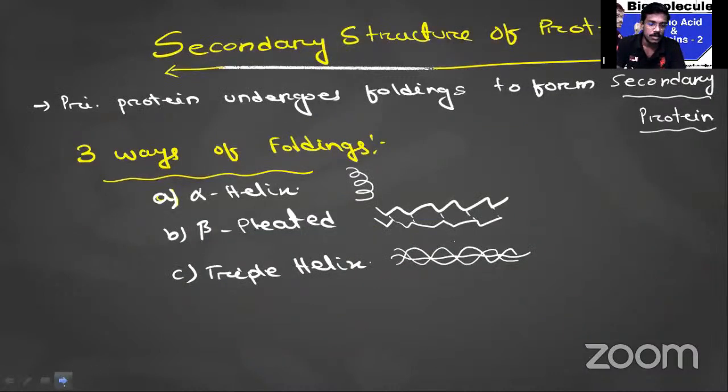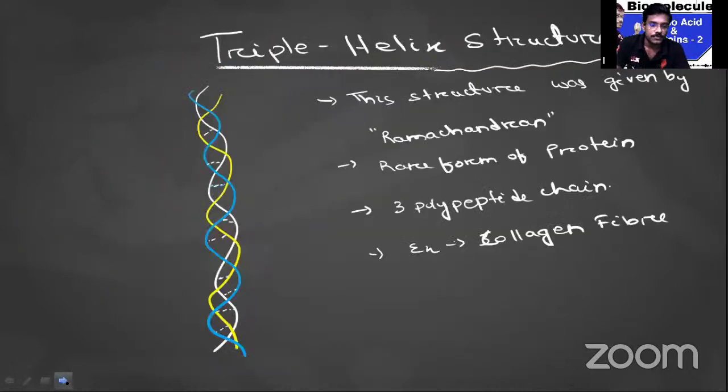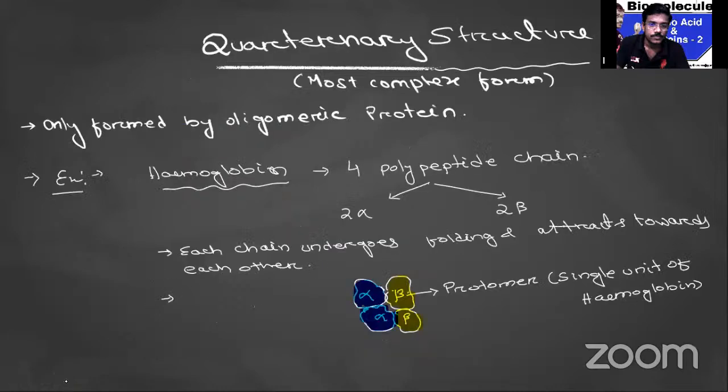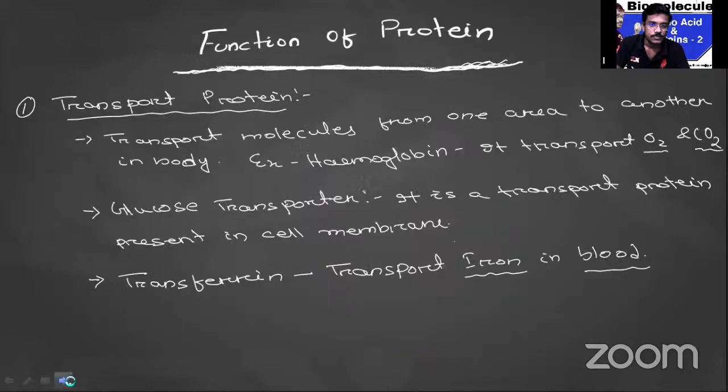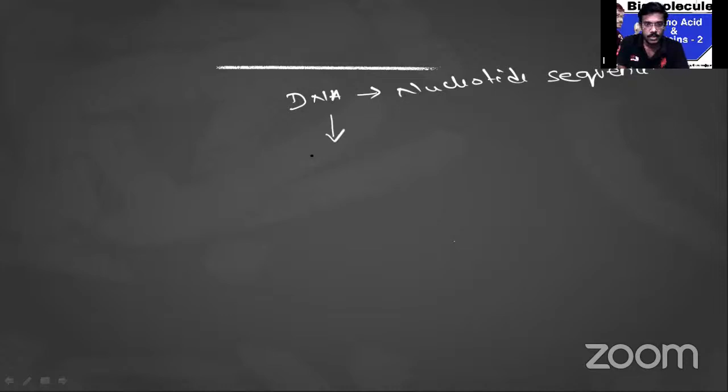Let me make this clear in another slide. DNA has the nucleotide sequence, and that nucleotide sequence is converted into RNA, basically the mRNA.